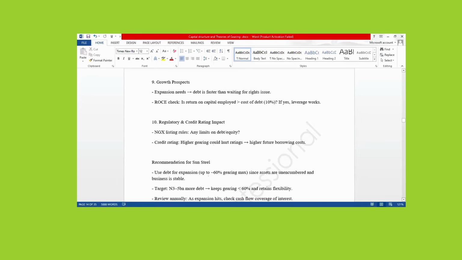We also look at credit rating impacts. When a company borrows more, at a higher level of gearing, the company's credit rating reduces.